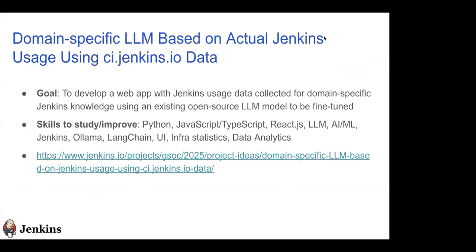On the actual Jenkins usage, using ci.jenkins data, we have an API available for that. We have opened a PR for it, but it needs to be merged. We'll disclose more detail about that API later. If you're interested, you can look into the documentation and maybe interact with it a little bit.